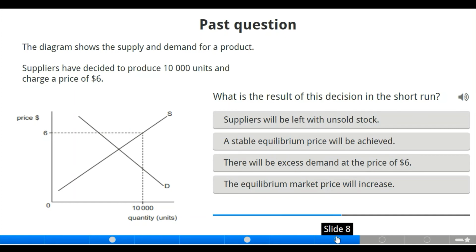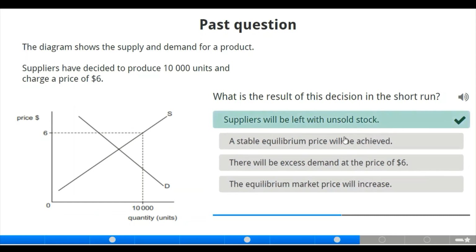Suppliers will be left with unsold stock. Is that the answer? Let's continue. A stable equilibrium price will be achieved? No. There will be excess demand at the price of $6? Is there an excess demand? No. The equilibrium market price will increase? Of course not. If you look at this diagram, the suppliers will be left with unsold stock.